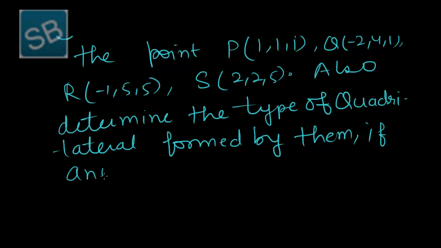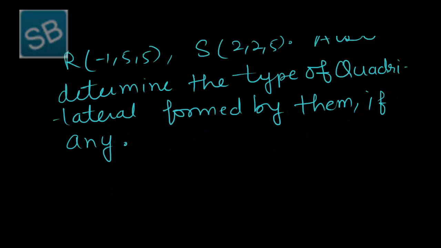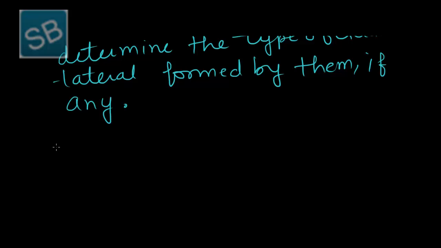So in this problem, we have to check whether these 4 points are coplanar or not, that is, whether they lie in the same plane or not. As we know, if two lines are parallel or intersecting, they lie in the same plane.